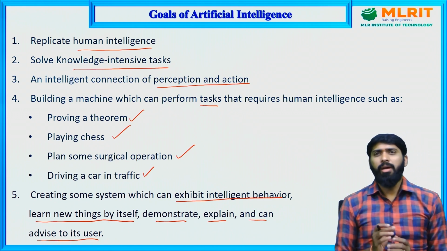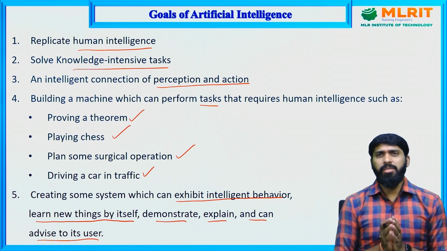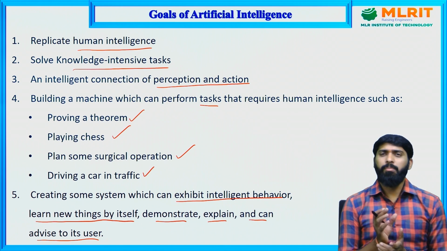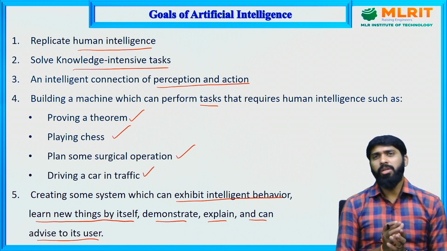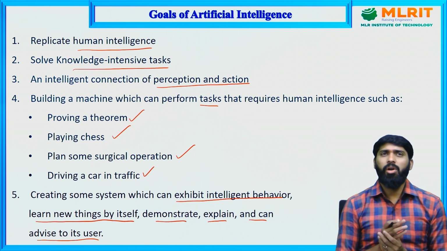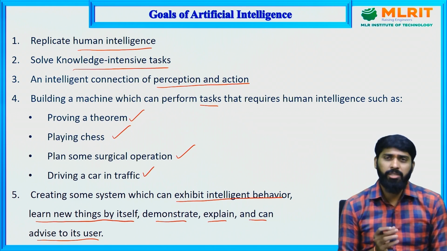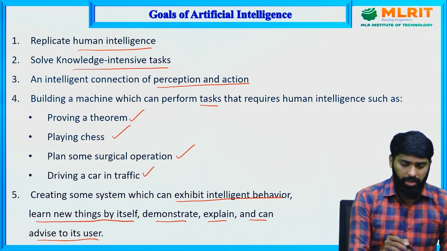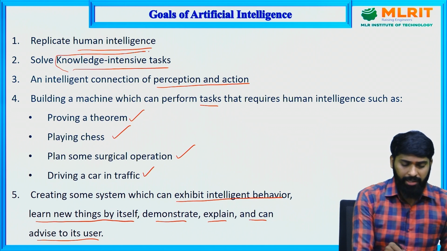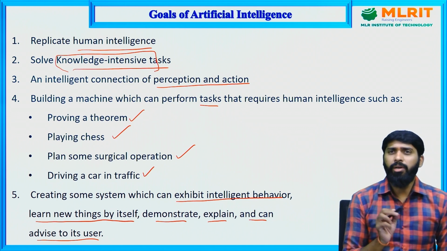The main goal of artificial intelligence is to replicate human intelligence. You are developing some model, that model will act as a human, and these models we are going to use to solve knowledge intensive tasks. Knowledge intensive task means if you have a huge data set, it is very difficult to process.